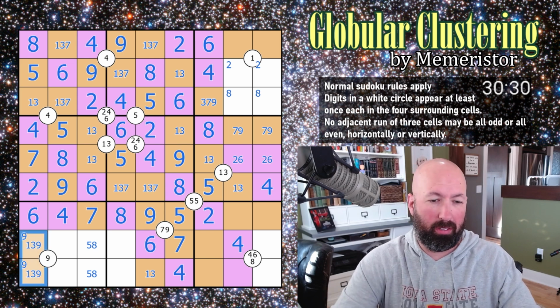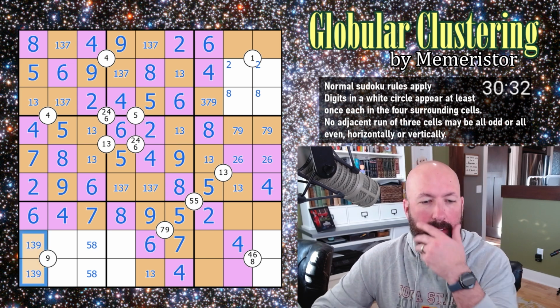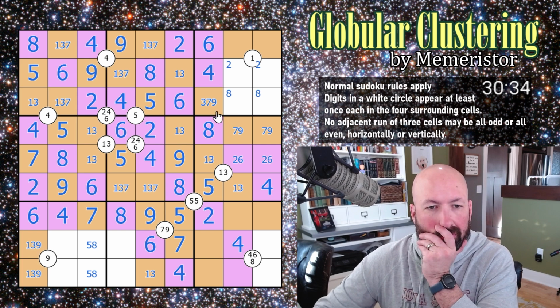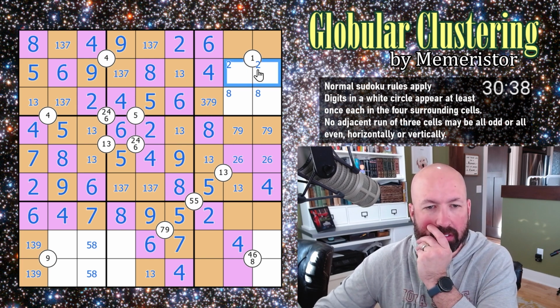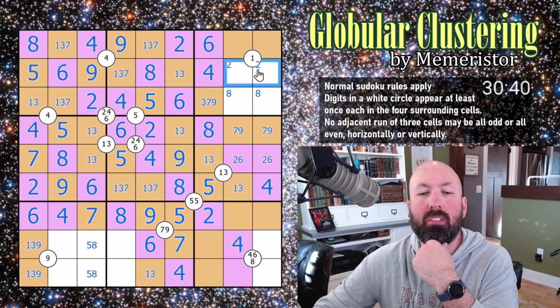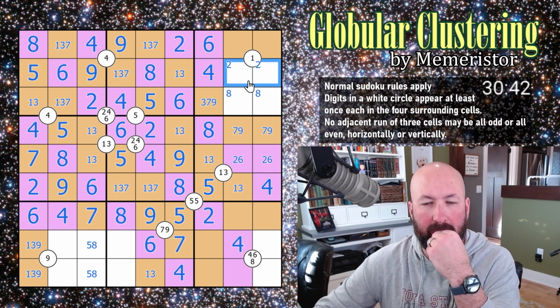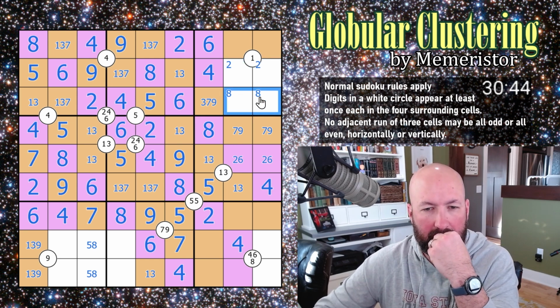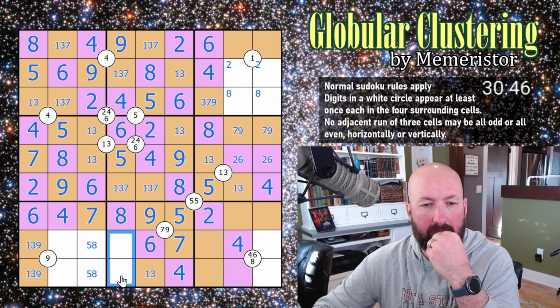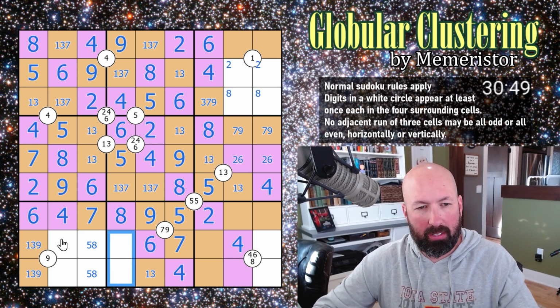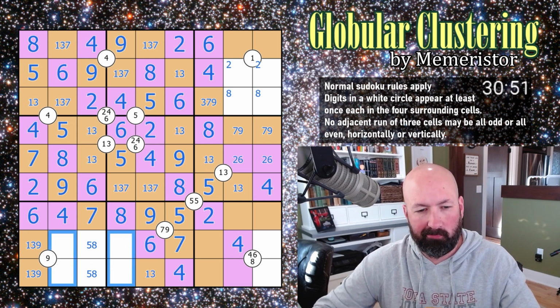These are 1, 3, and 9 somehow. We need a 2 somewhere over here. An 8 in here. What's down here? We need a 2 down here as well, and a 2 here.